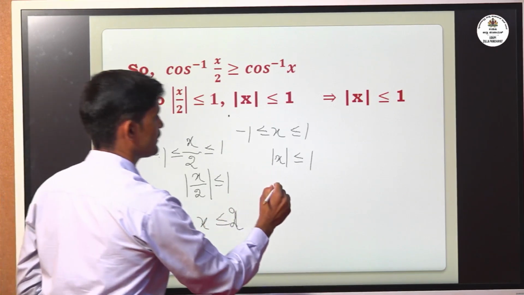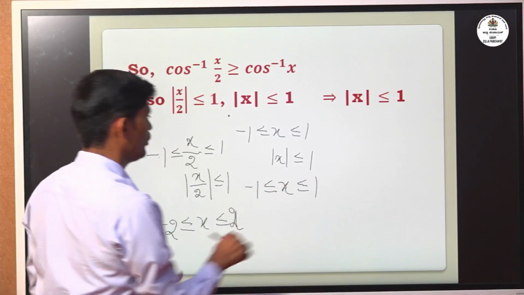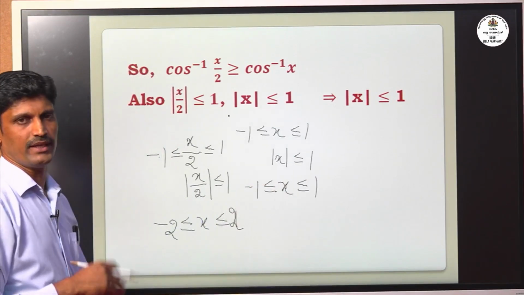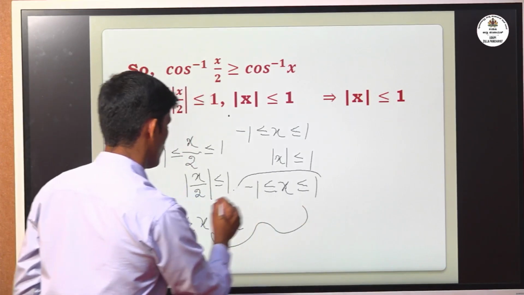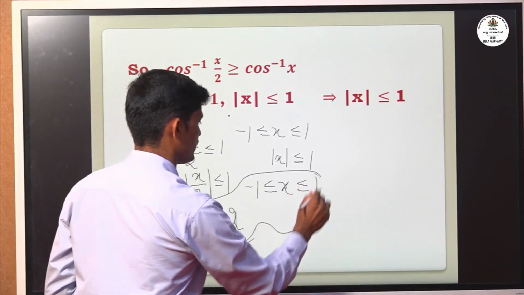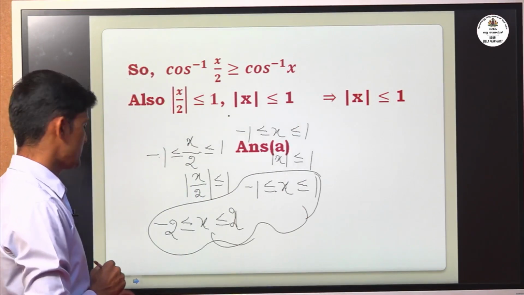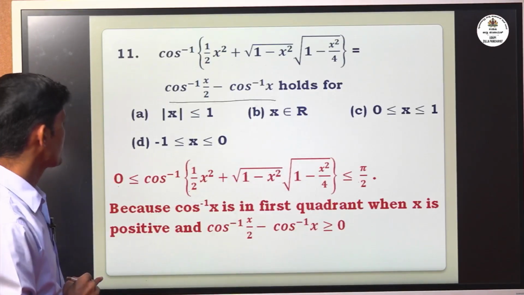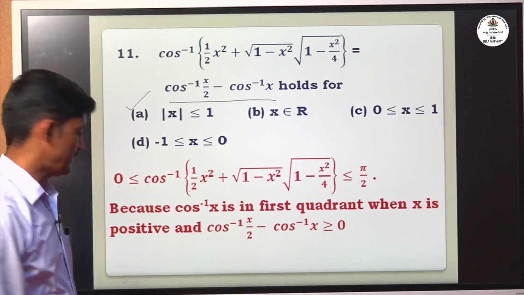According to the other, the value of x lies between minus 1 and plus 1. So the common value of x is always x between minus 1 and plus 1. Taking both together, we need the common value of x. That belongs to the closed interval minus 1, plus 1. That is answer A. You can see the answer A here. Mod x is less than or equal to 1.